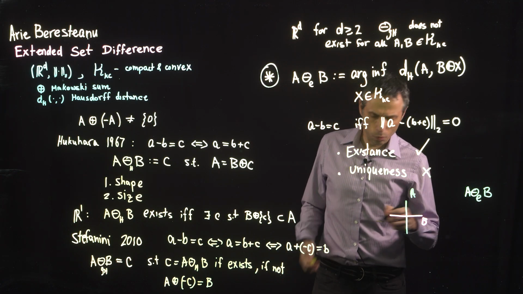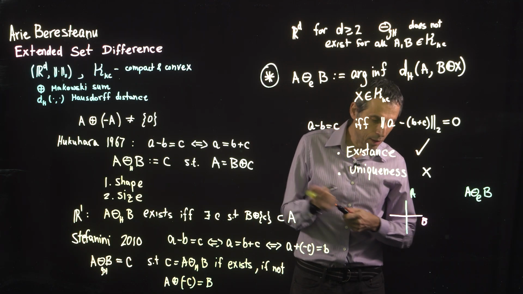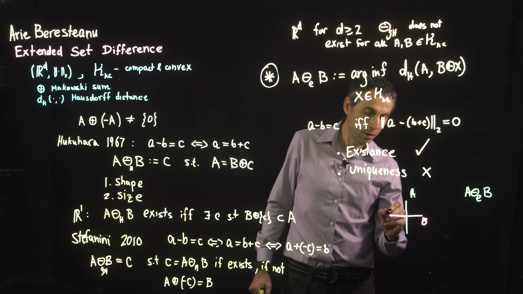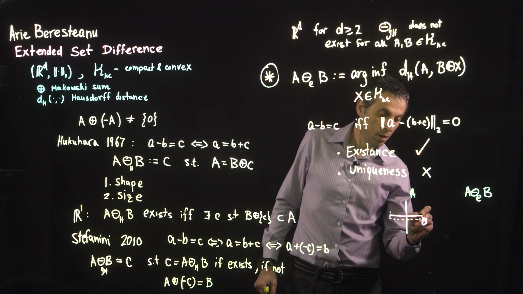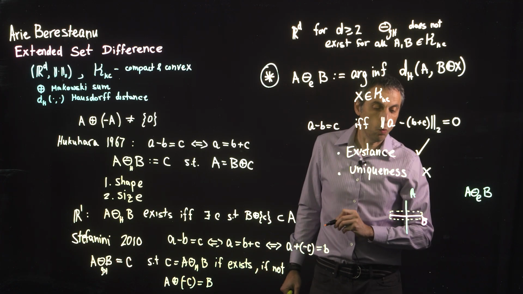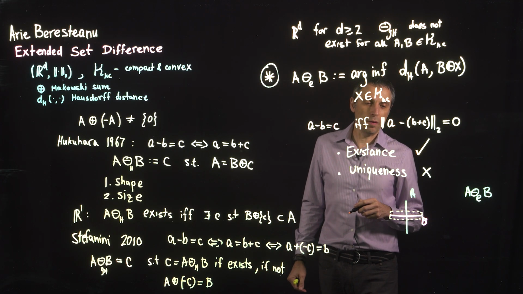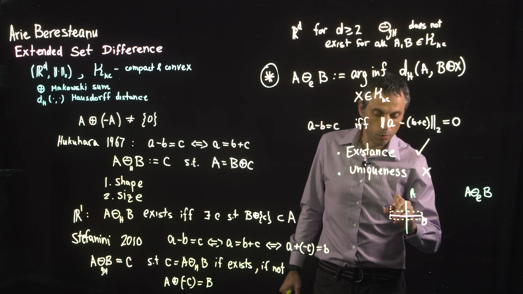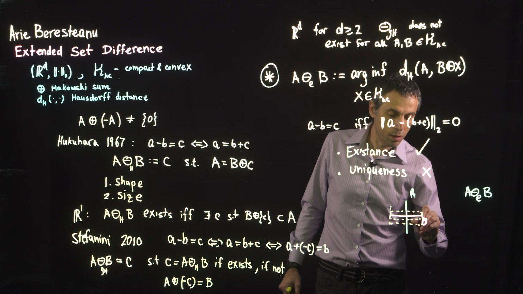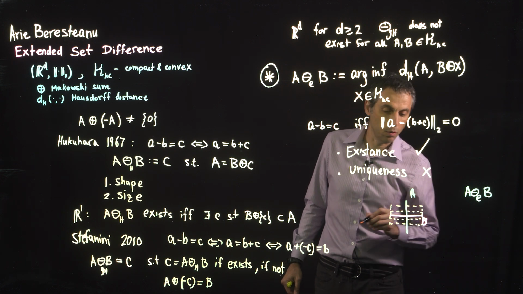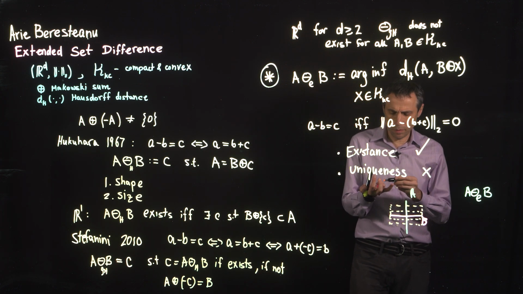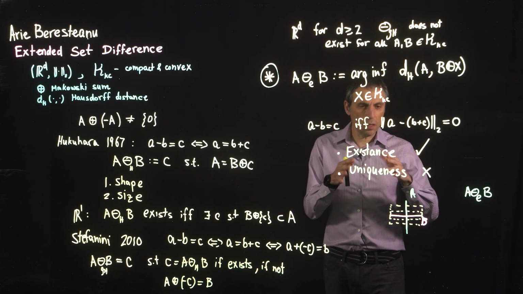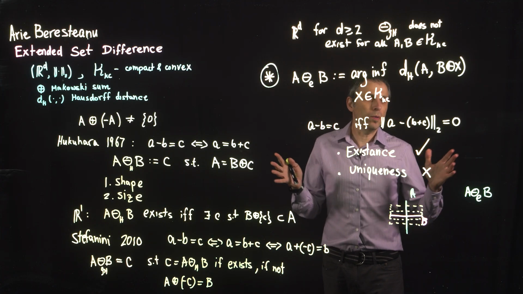But I can add to B a certain segment, or a certain set, that will turn it into a rectangle like this, which will still have Hausdorff distance 1 from A. And I can add a little bit more, so that B plus X is this larger rectangle, with the distance still equal to 1. So there can be more than one X that I can add to B such that the distance would be the minimum, which is still going to be equal to 1.